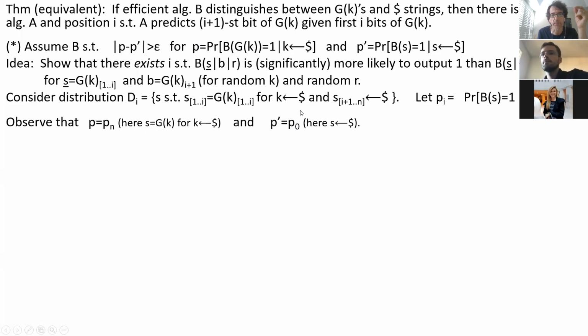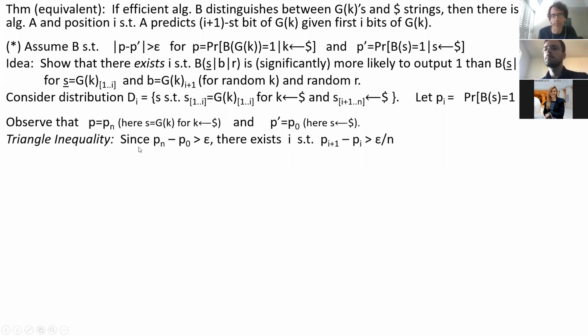Because if index i is 0, then none of the bits are formed in this way. All the bits from 1 to n are purely random. Well, that's exactly this distribution, right?